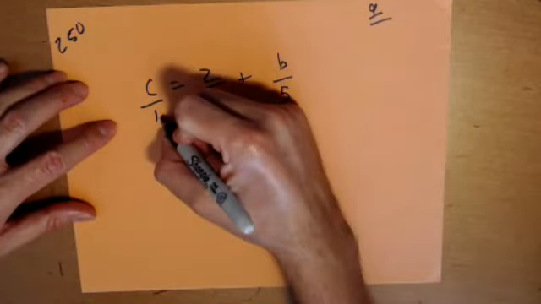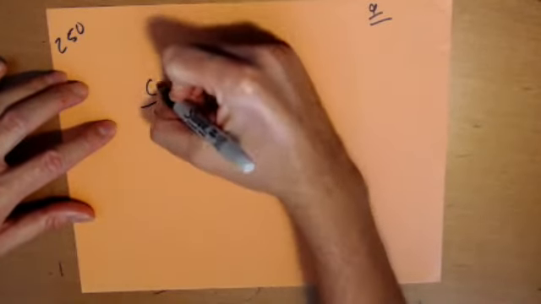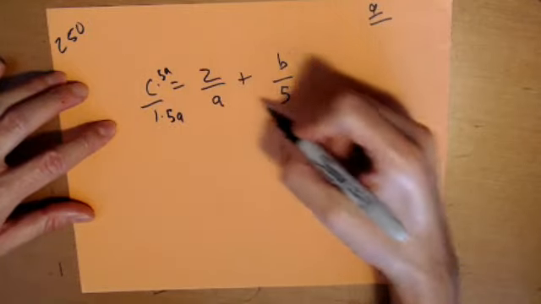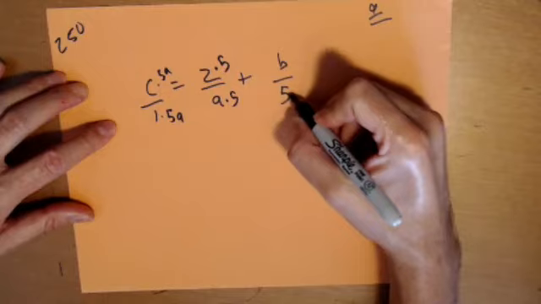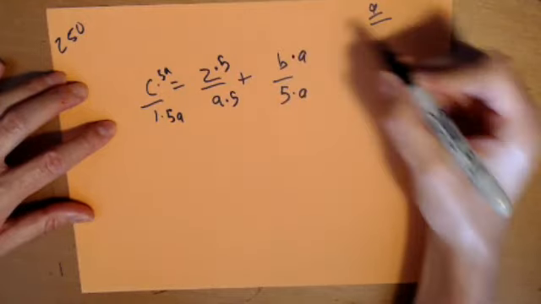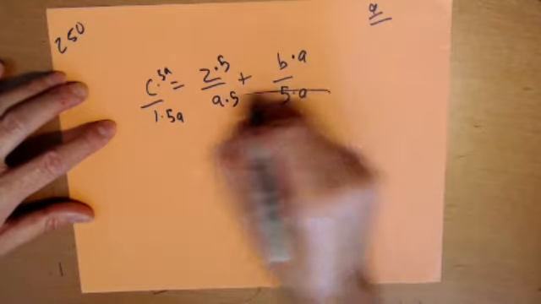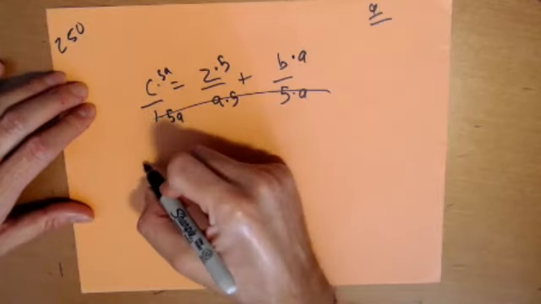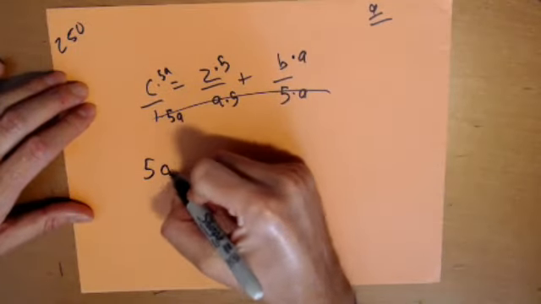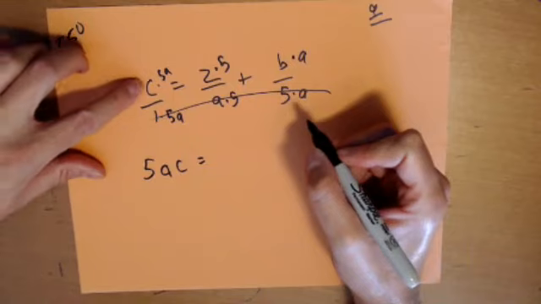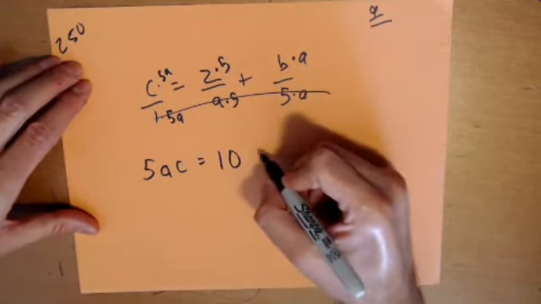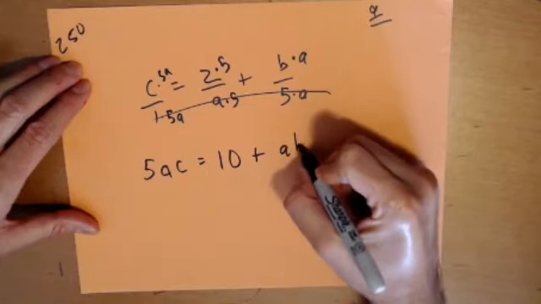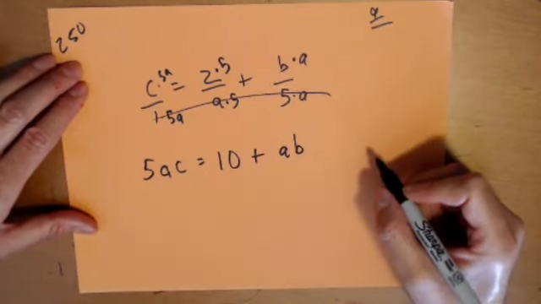So this one needs a 5A, this one needs a 5, this one needs an A. C times 5A is 5AC. It looks prettier, equals 10 plus AB, alphabetical order.